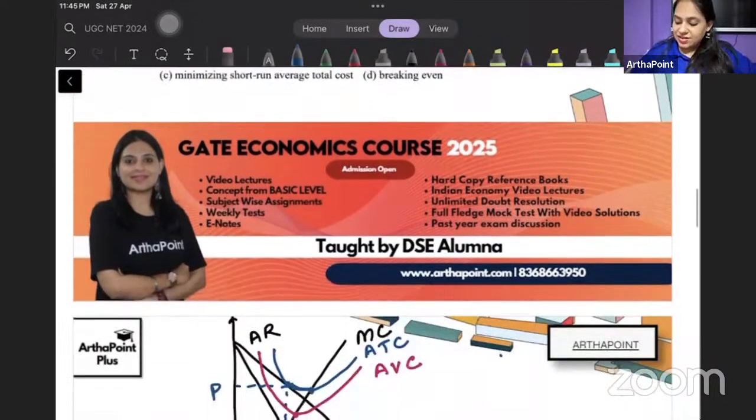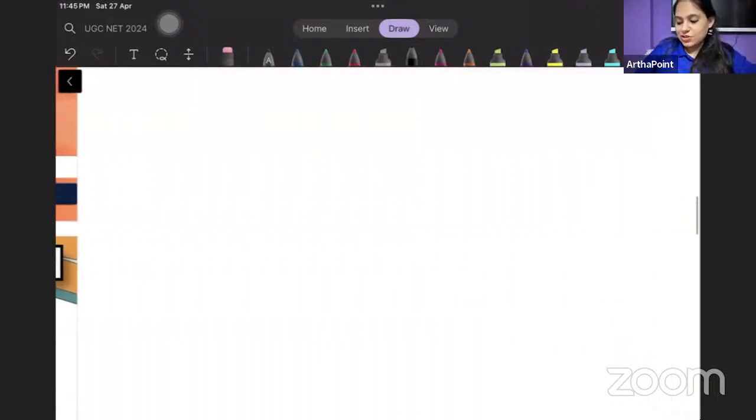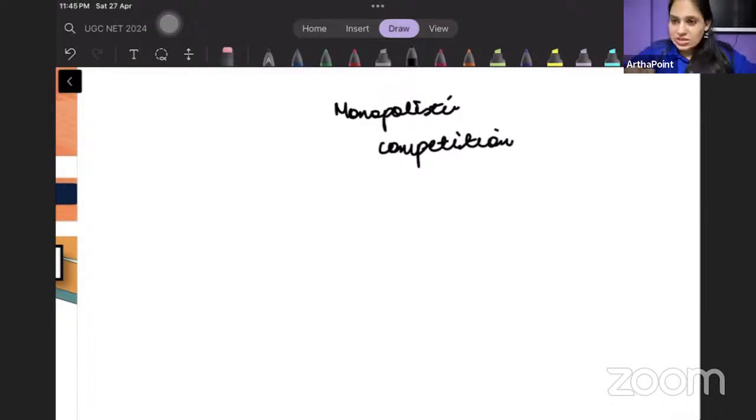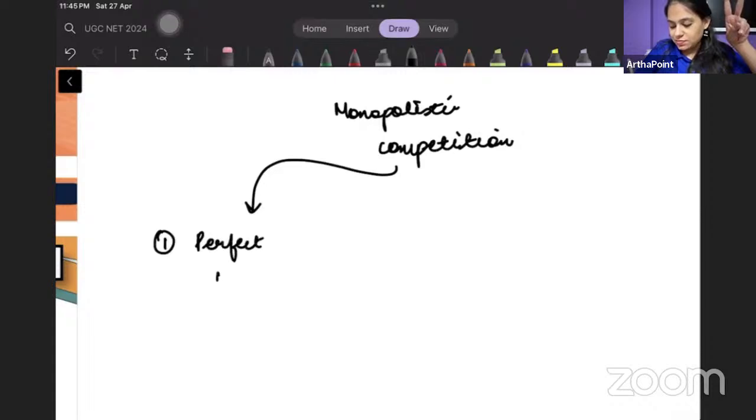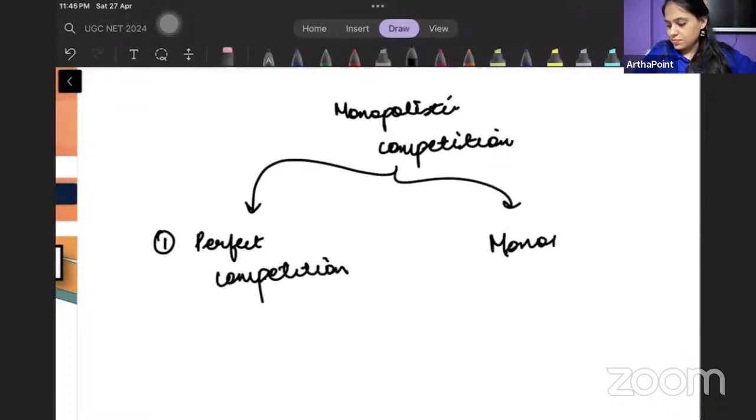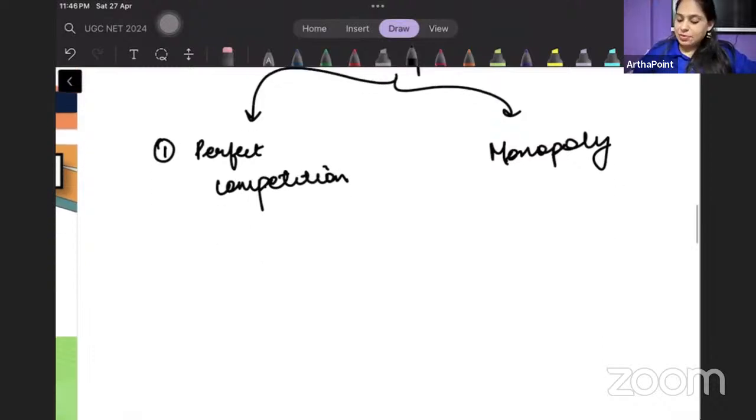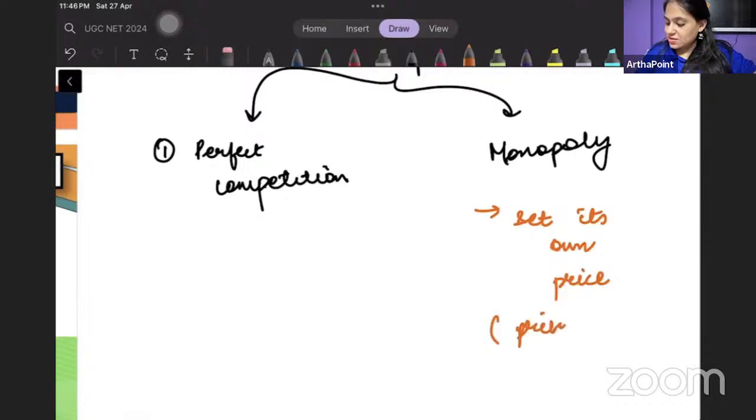Now beta, first we talk about the features of monopolistic competition. Monopolistic competition is a combination of two things: perfect competition and monopoly, right? Why monopoly? Because it can set its own price. It is a price maker.